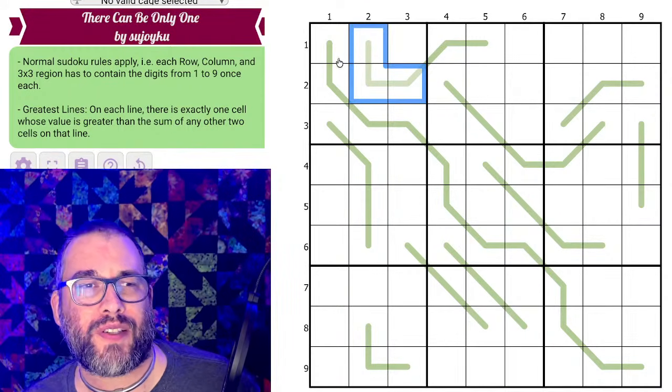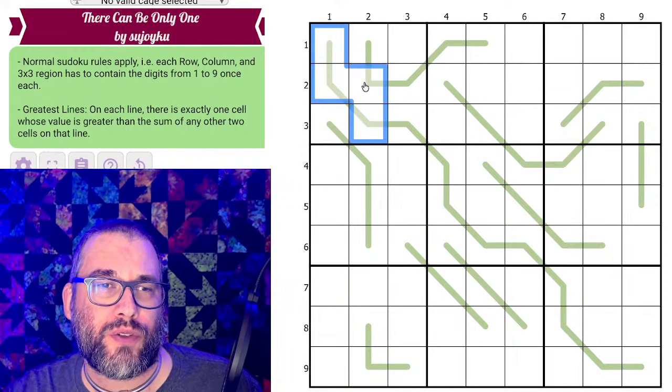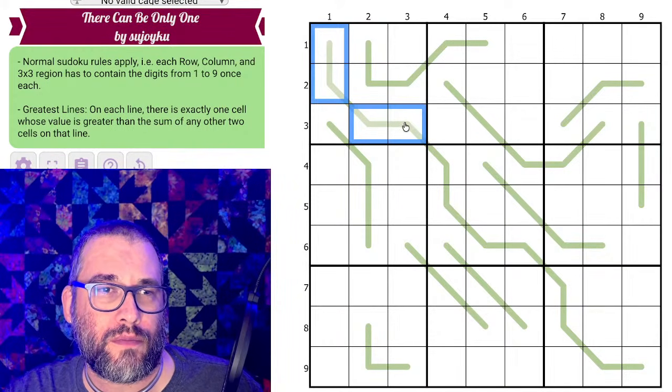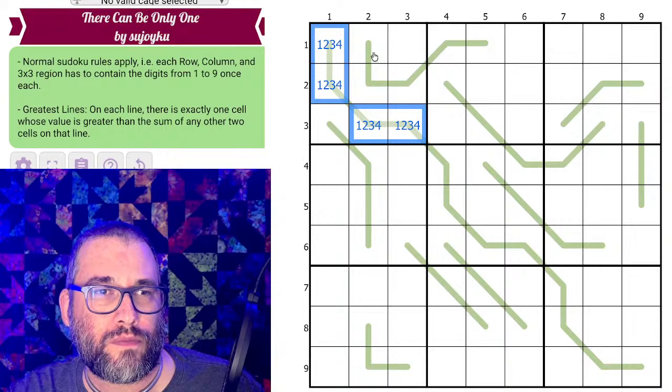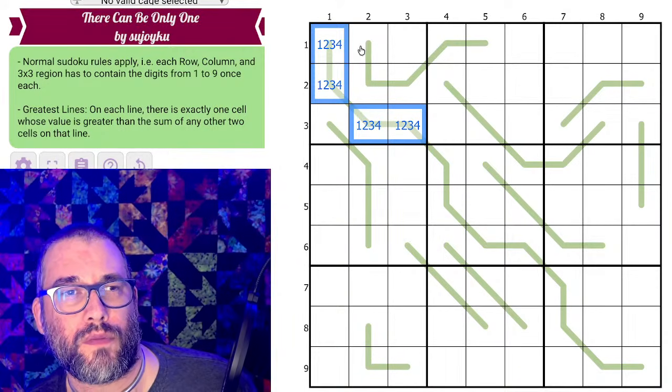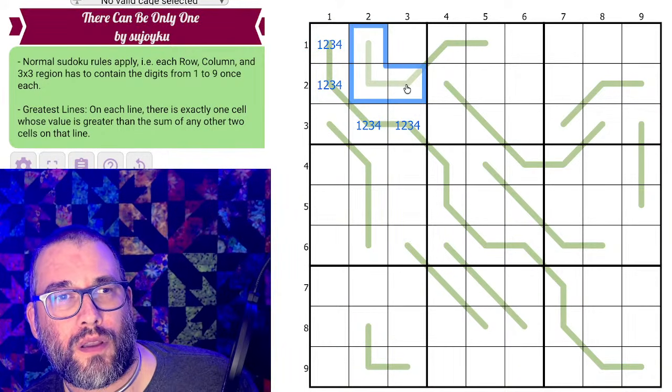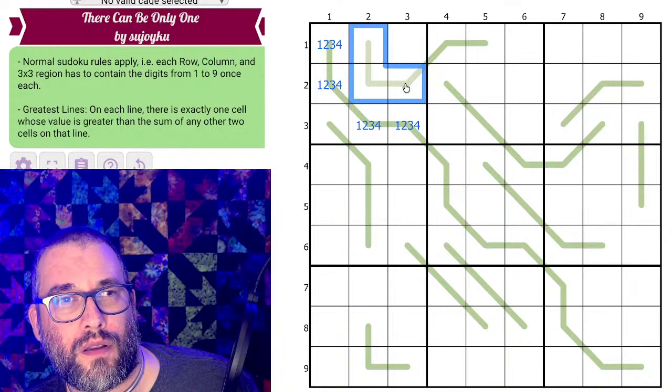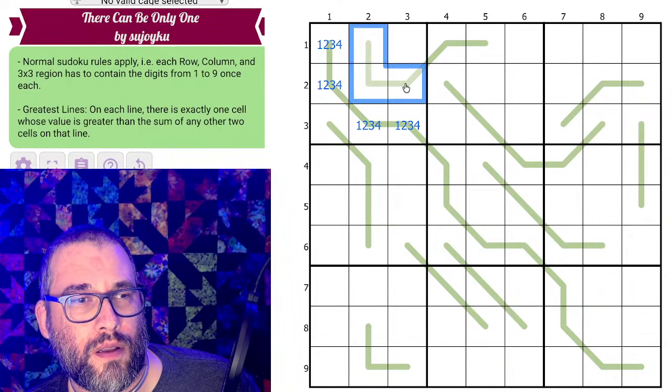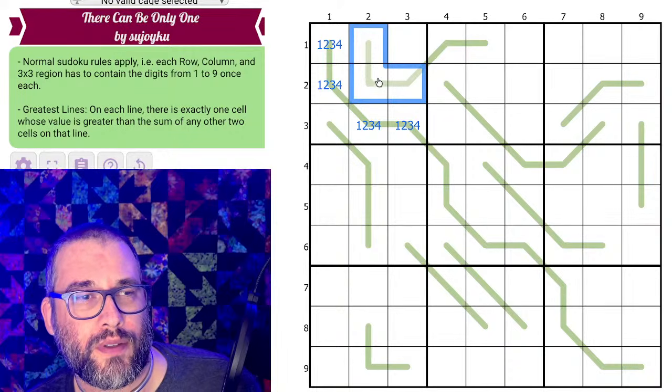So let's investigate how that works. If this is 1, 2, 3, 4, bye, Ambrose.